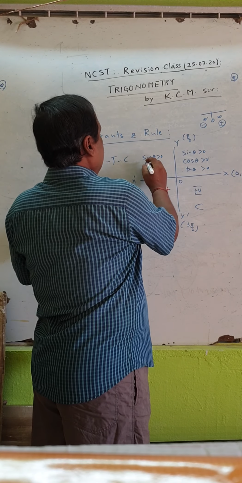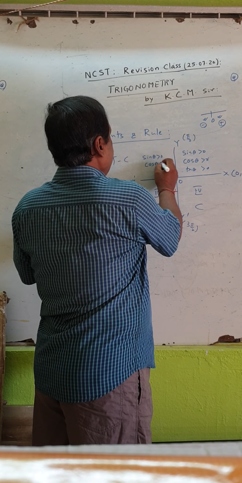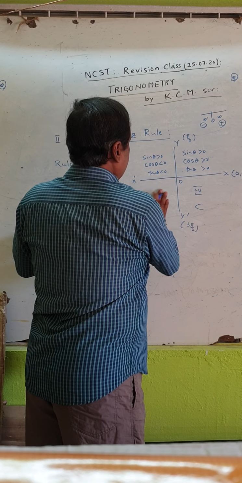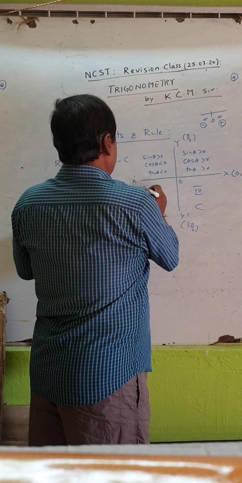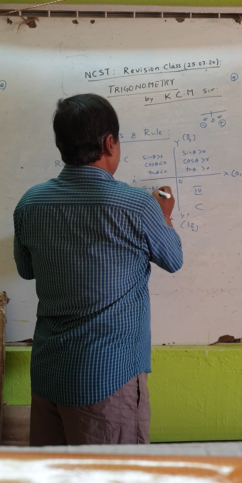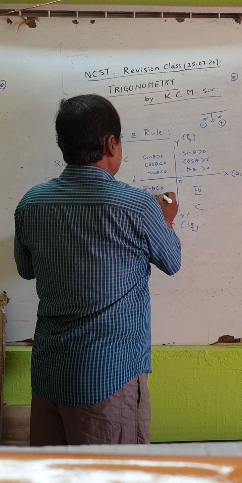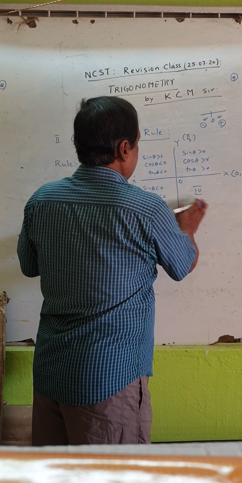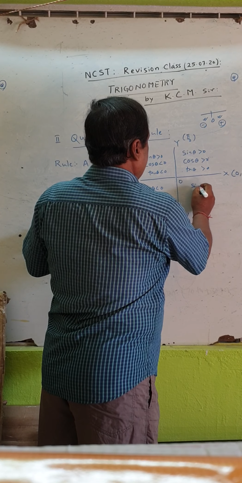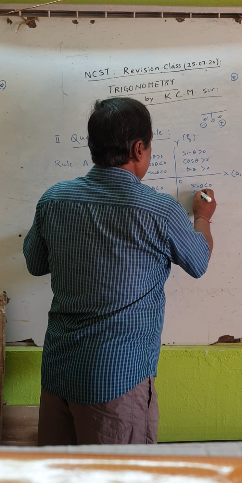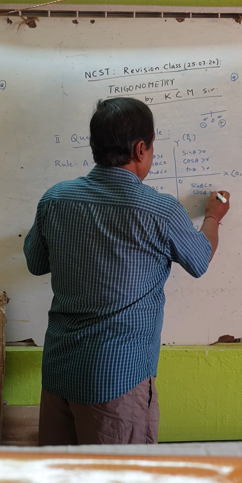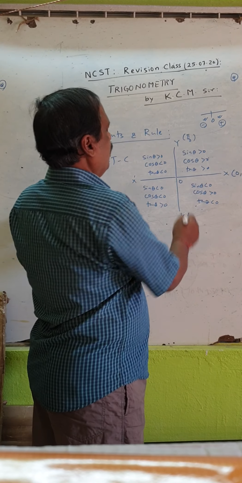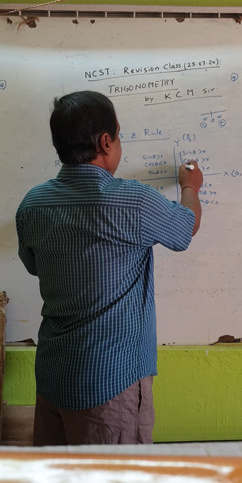In the next, sin is positive, cos is negative, less than 0, tan is negative. Then similarly here, sin theta is negative, cos theta is negative, tan theta is positive. Here sin theta is negative, cos theta is positive, tan theta is negative. You see the rule A, all. Here all.